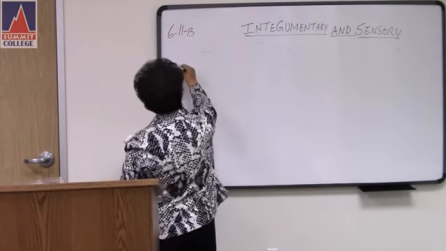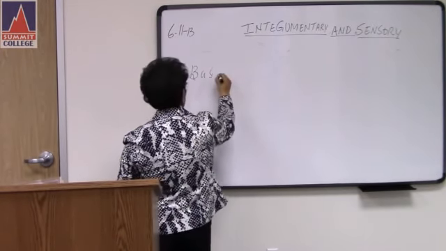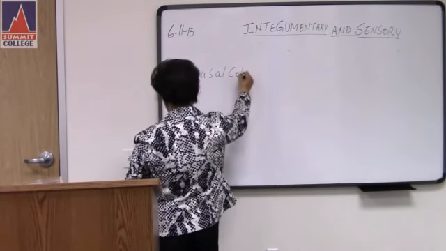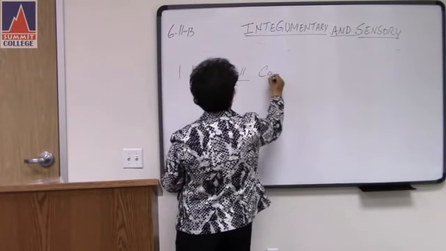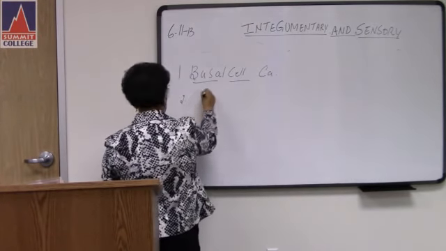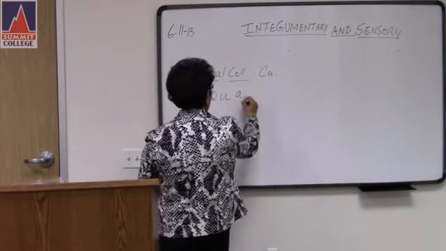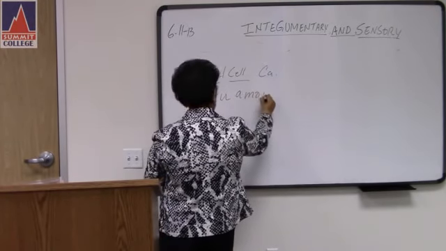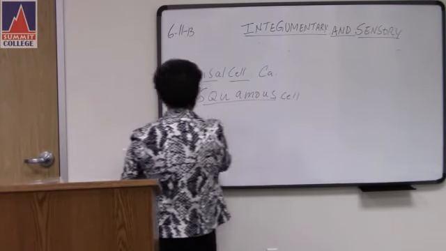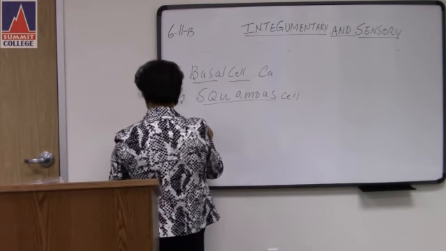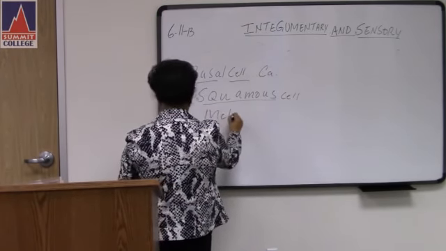You have basal cell carcinoma, and number 2, squamous, S-Q-U-A-M-O-U-S, squamous cell carcinoma. And the third one is called melanoma.